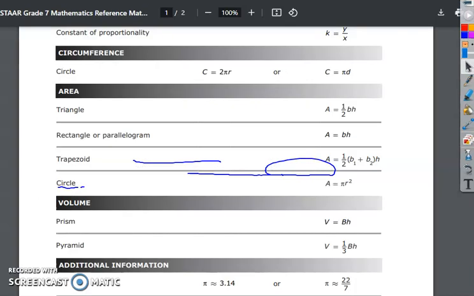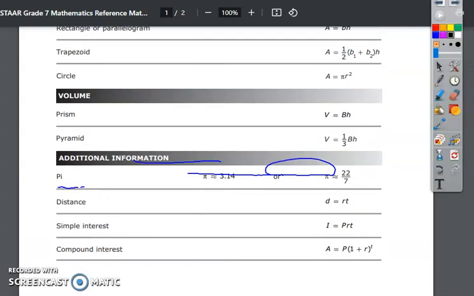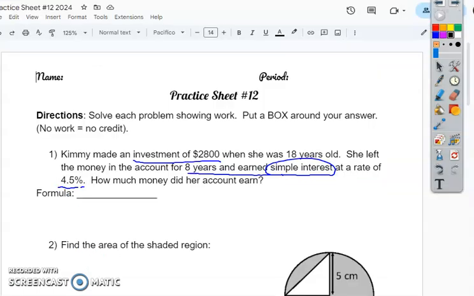We go to our formula chart, and towards the bottom, we see simple interest, I equals PRT. Okay. So that's why we have our formula. I equals PRT. Principal times rate as a decimal times time in years.